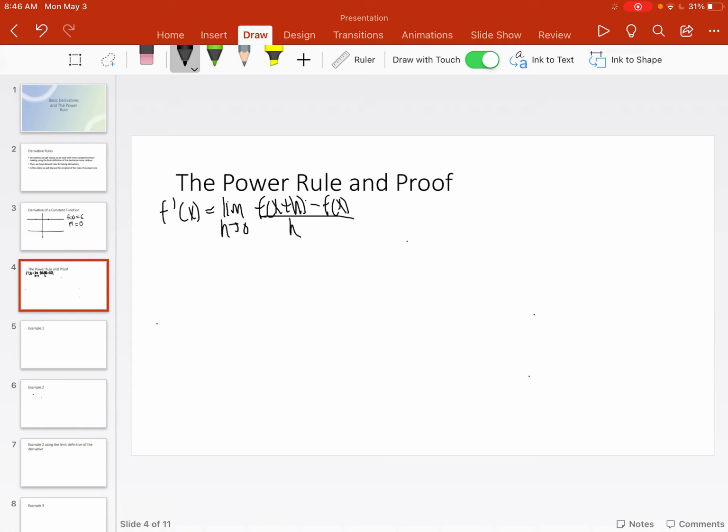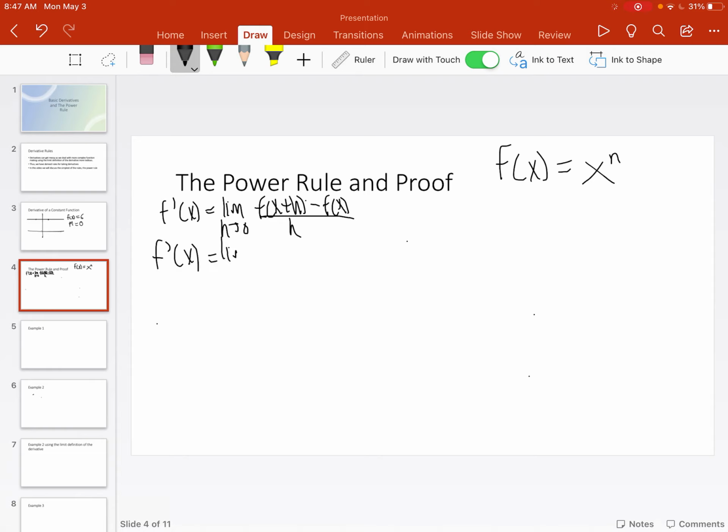Let's consider some function f of x. Actually, I'll write this up here. f of x is equal to x to the n. So let's use the limit definition and compute this. So what do we get?